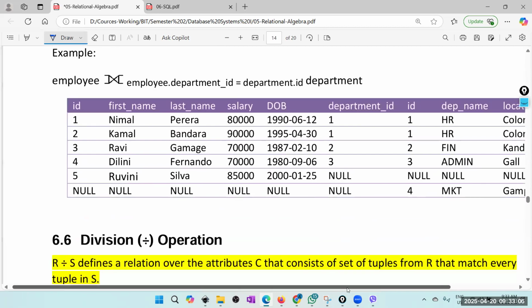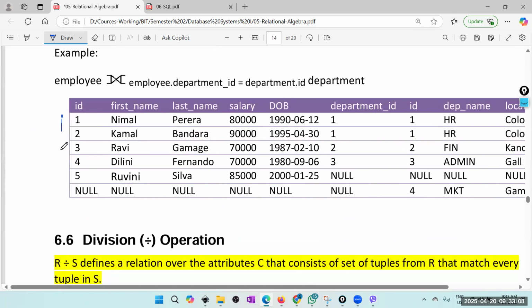So this is the result. These are coming from inner join. This record is coming from left outer join, this record from right outer join. Sometimes multiple records may be in the left outer join and multiple records coming from the right outer join as well. Is it clear? Is it clear?